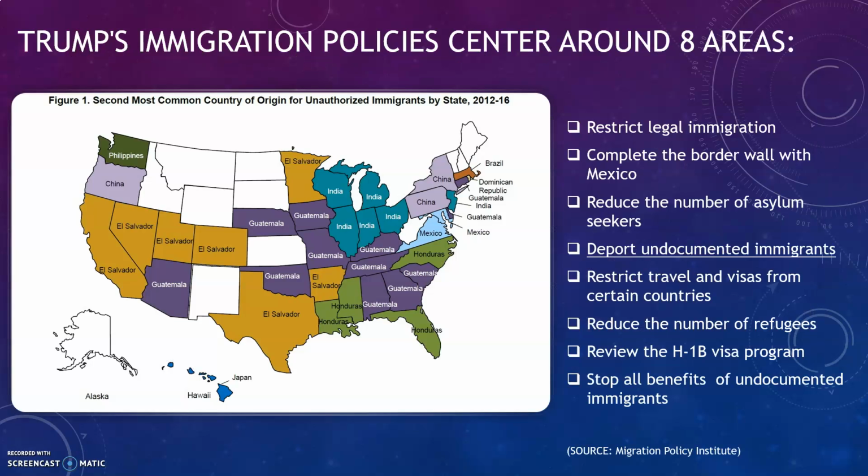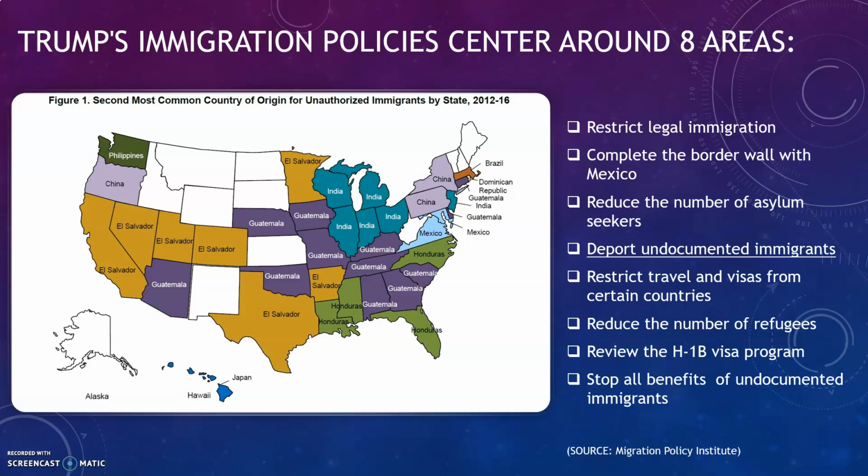Let's consider the most important part of our presentation, the immigration issues. Trump's last presidency considered immigration policies around 8 areas. We can see in the chart next to the detail the countries which represent the highest number of unauthorized immigrants in particular states of the United States.